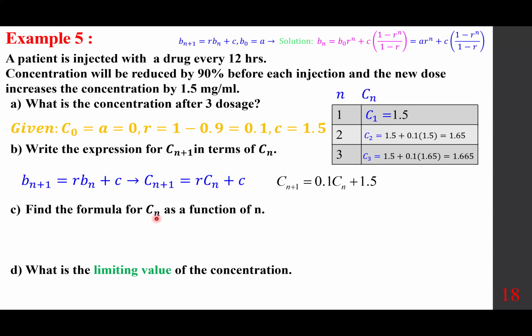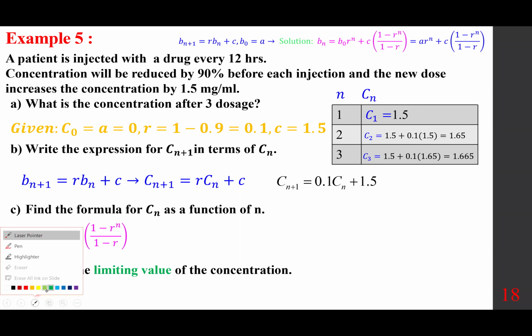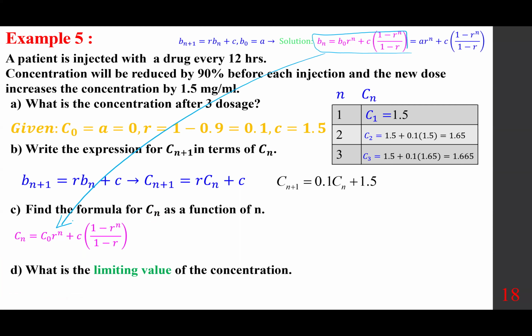Find the formula for C sub n as a function of n. So we go back up here and change the B to capital C. So this one, everybody, is the same as that one, except we are using capital C. Now we are going to go back to the given.